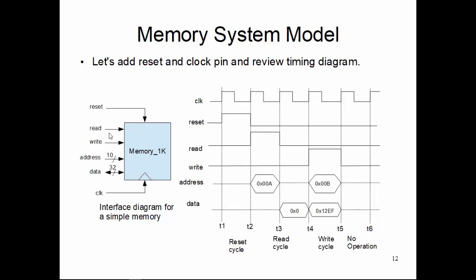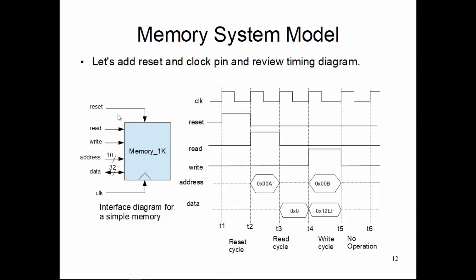So I have read, write, address of 10-bit, which is an input signal, and we have an input output signal, which is treated as a group of data signals, which is 32-bit, and later we'll say that this is called a bus. A group of signals is always called a bus. This is an address bus, this is a data bus.